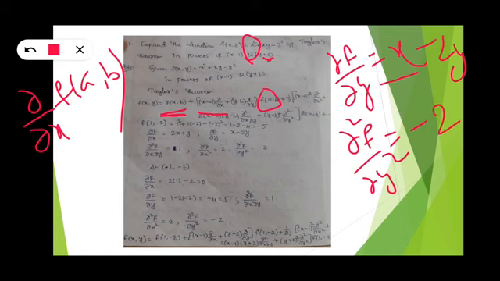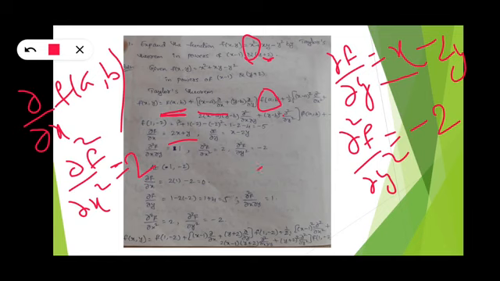Similarly, we do the partial differentiation for dou square f by dou x square. Already we have dou f by dou x, that is 2x plus y. If we differentiate again with respect to x, x differentiation is 1, so 2 into 1 is 2, and y will be 0. So dou square f by dou x square is equal to 2.